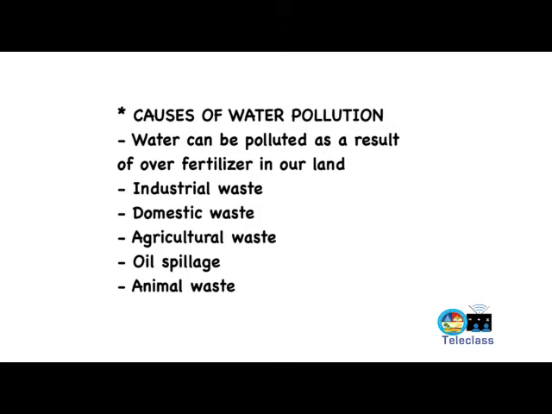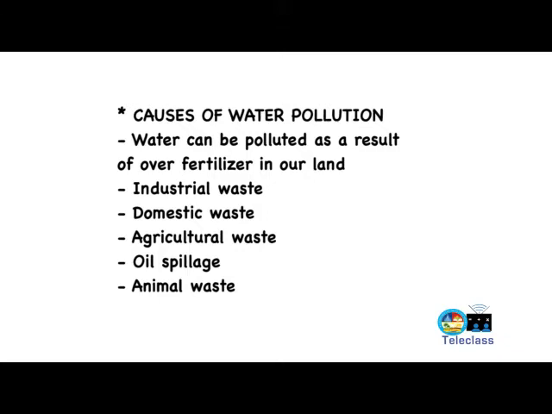Then also oil spillage. Oil spillage is one of the causes of what? Water pollution. When it rains, all the oil that is on the land will be flushed down into the river, thereby polluting our water. Just like where we have pipelines, and when these pipelines are destroyed, the water in that area is polluted and it will not be useful to them again.